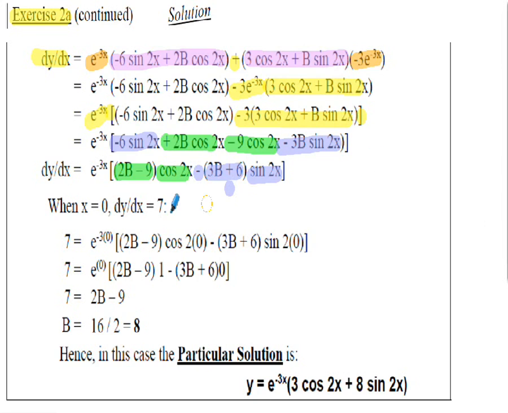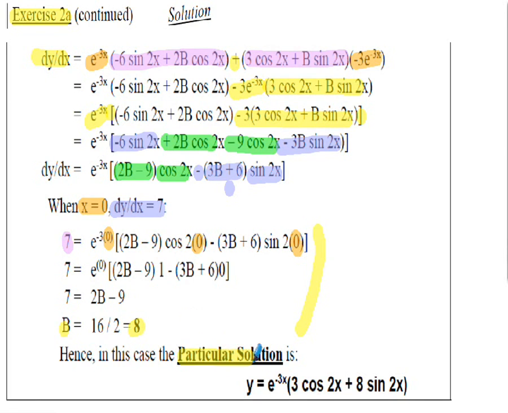Imposing now the boundary conditions when x is equal to 0, dy by dx equal to 7 from the question. So inputting the 0 wherever we see an x, and that's equal to the dy by dx is 7. Evaluating, we find that b is equal to 8 in this case.